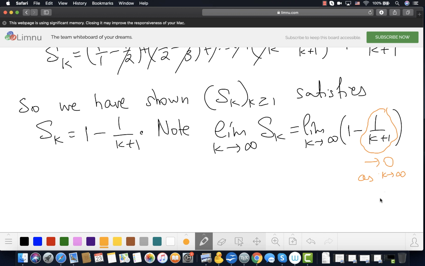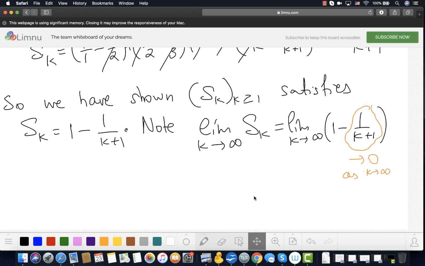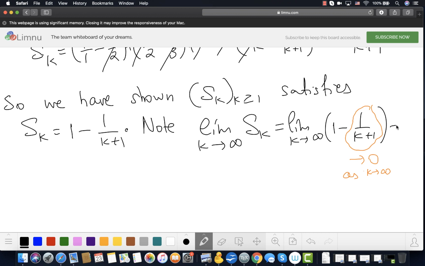So what do we end up getting? Well, the limit of sk's is just 1, since this limit is 1 minus 0, which is 1. So as a result, the original series that we had in mind converges, and it converges to 1.